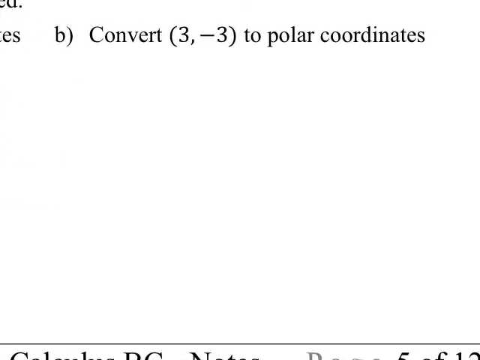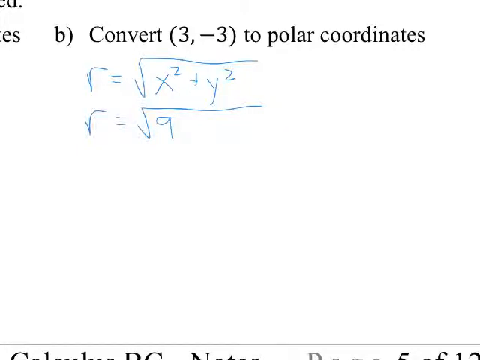Okay, example 8b. We have a rectangular coordinate, and we want to convert it to polar. So we can look at our table, and we see that the radius is equal to the square root of x squared plus y squared. And in this case, that would be r is equal to the square root of 3 squared plus -3 squared, or root 18. So we now have our radius.